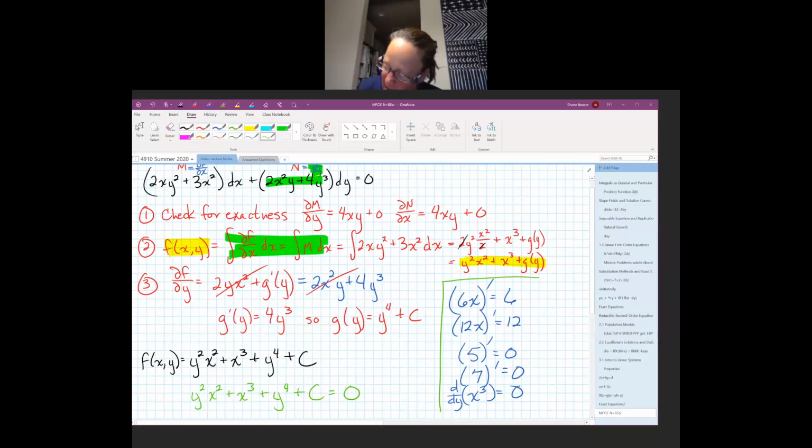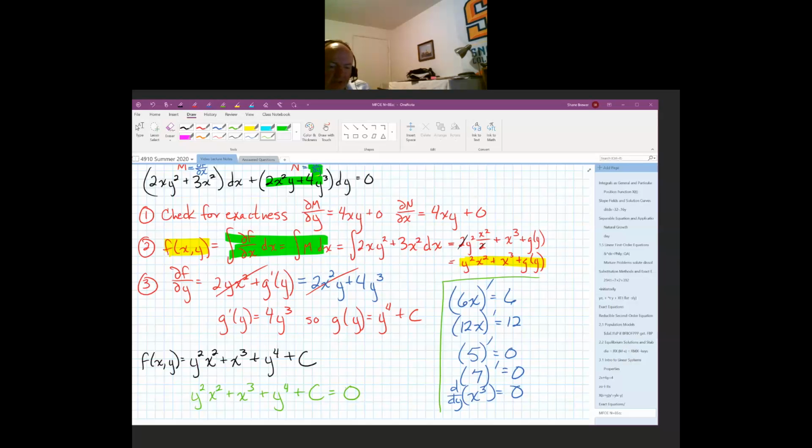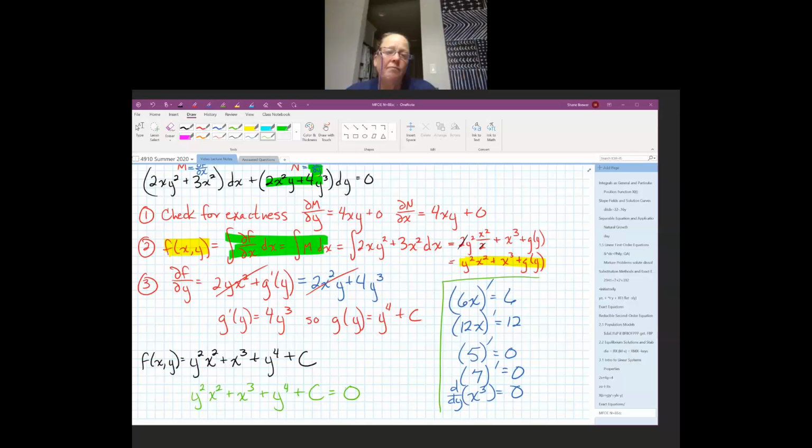Plus c equals 0. That's right. So a mathematician would really like to see that written as y to the fourth plus x cubed plus x squared y squared plus c equals 0. Is that true? When you get these polynomials of mixed terms, there's way less desire to put them in descending order.